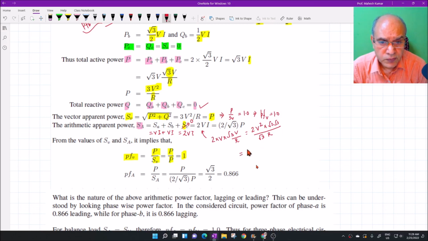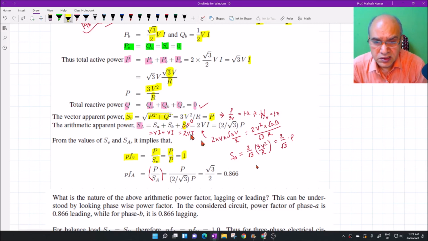Then this becomes 2 by root 3, 3B square by R. This 3B square by R is the real power P. So this becomes 2 by root 3 into P. This is SA, and therefore P by SA is nothing but the opposite of 2 by root 3, that is root 3 by 2. And this root 3 by 2 is 0.866.